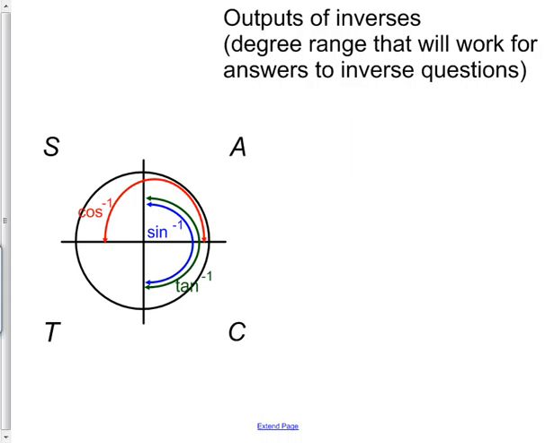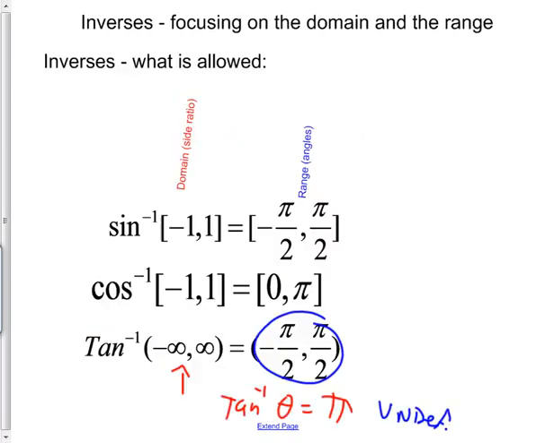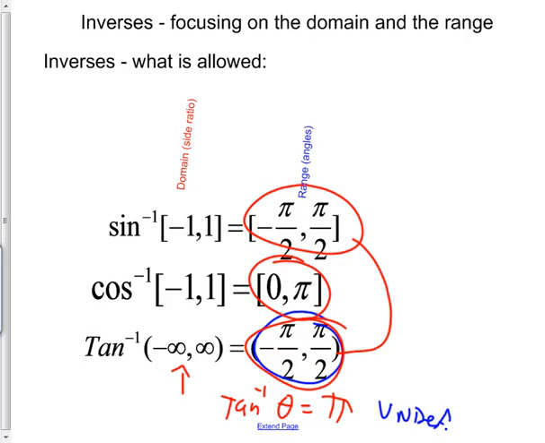All right, next one. This is the ranges now. This is just a pictorial way of seeing the ranges. Cosine goes from here to here. Let me show you what I mean. If I go back to this slide, cosine goes from 0 to pi. And tangent and sine are both the same as each other, see? They go from negative pi over 2 to pi over 2.